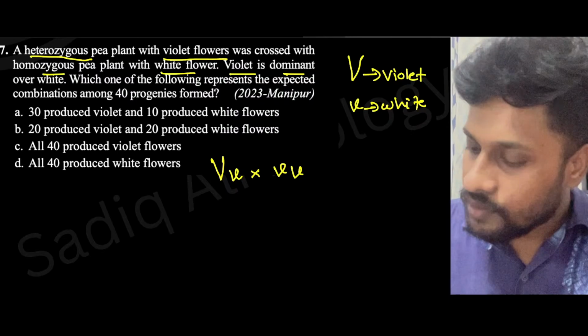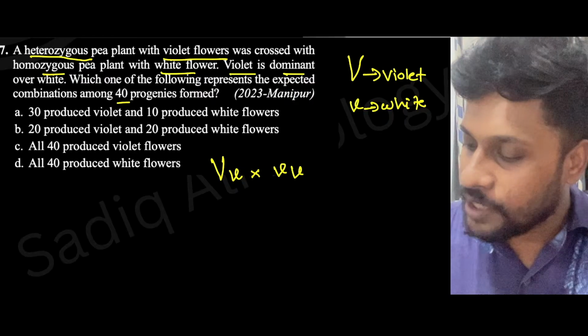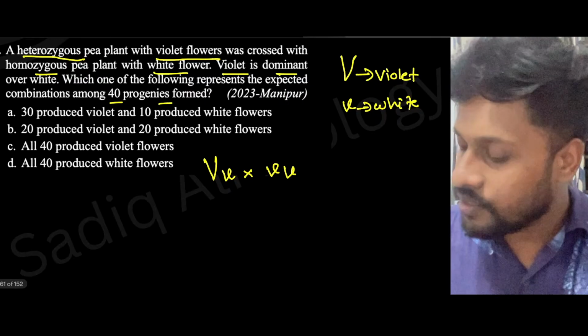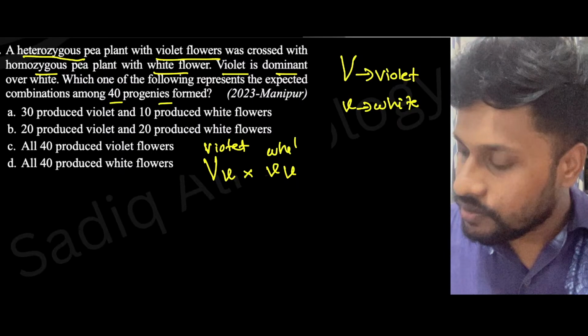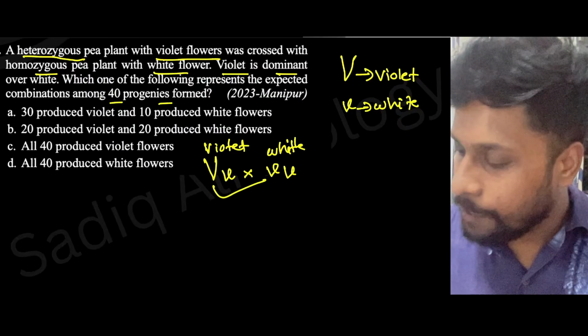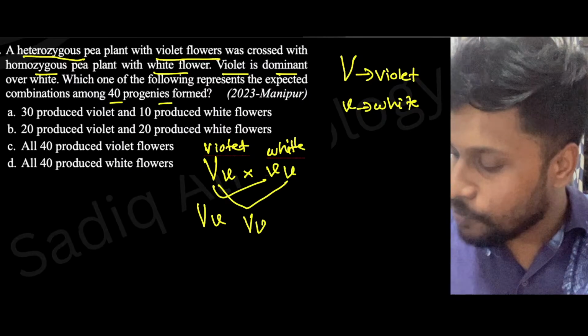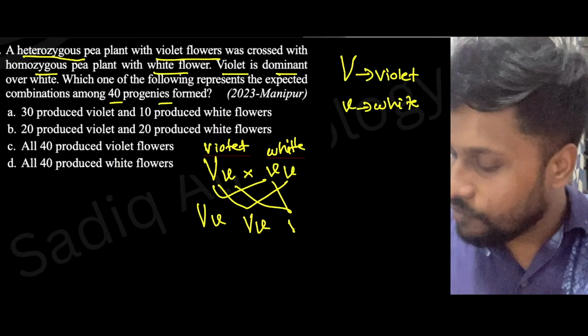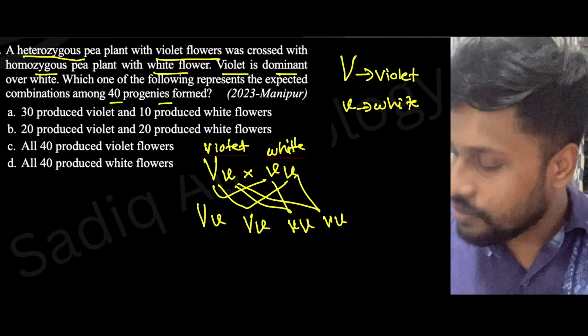Now, which one of the following represent the expected combination among 40 progenies formed? We will cross it, right? So this is violet, this is white. Now, capital V, small v, capital V, small v, small v, small v, small v, small v, right?